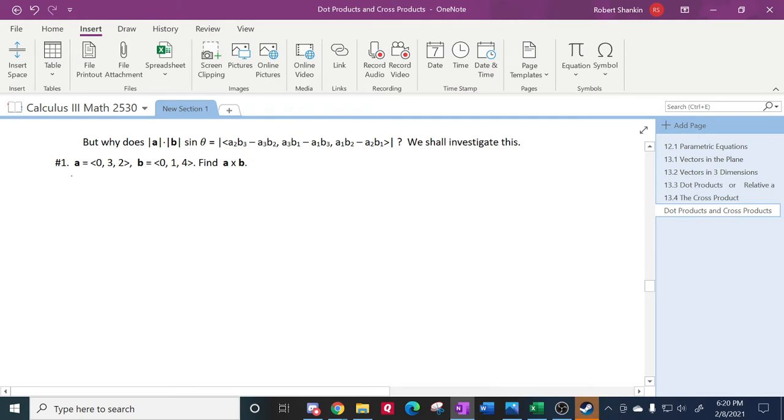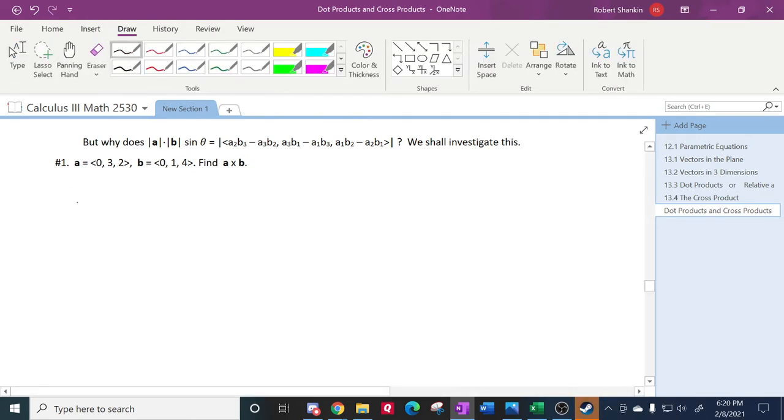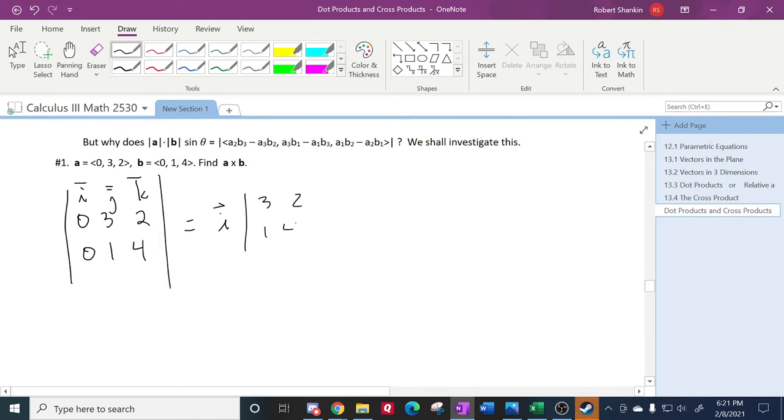So let me do it now. It's A cross B. Now J is going to have a column that's all zeros, so this is just going to zero out.